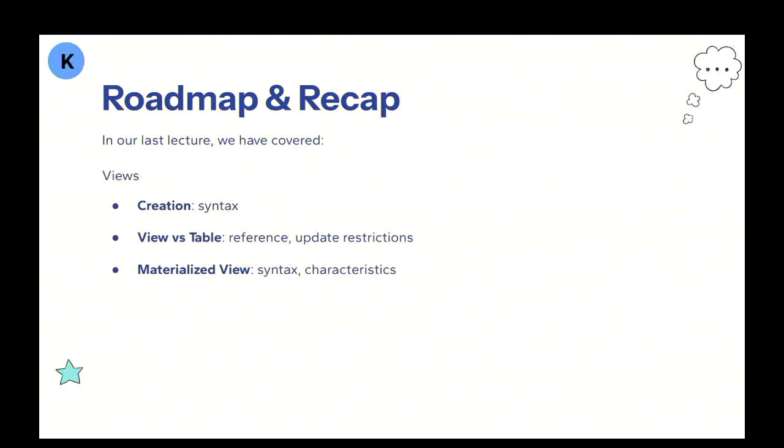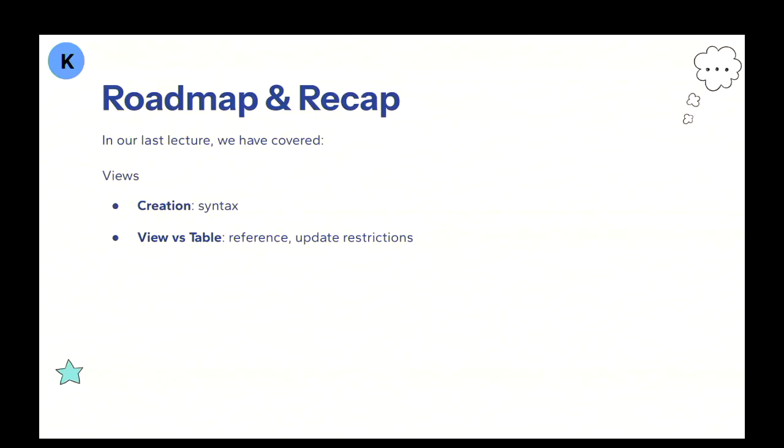Talking about tables, so what's the difference between views and tables, and what's the relation between views and tables? Actually, views can be considered as references to tables. So it's very similar to pointers in C language.